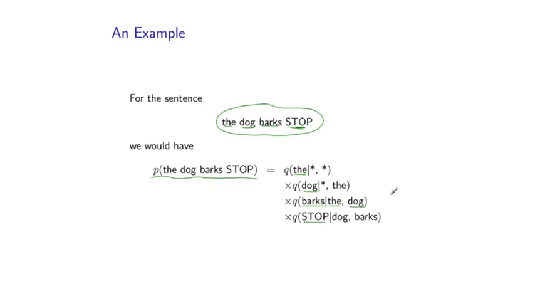So let's just talk briefly about this assumption that each word depends only on the 2 previous words. That clearly is a very naive assumption. In fact, it's possible to construct all kinds of examples where that independence assumption is very clearly violated.